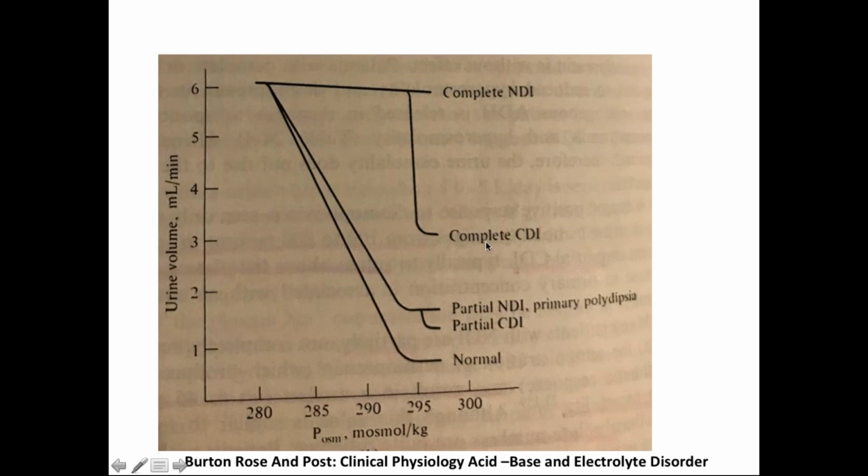Those with complete central DI will respond with a drop in their urine volume and the rate at which they're excreting, and then the normal and the partial will be in the middle. So you can use that, and then instead of plasma osmolarity, you can double the serum sodium, and that might be a reasonable way when you don't have osmolarity.